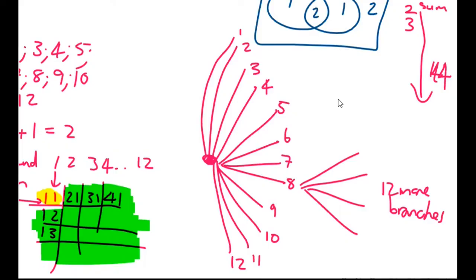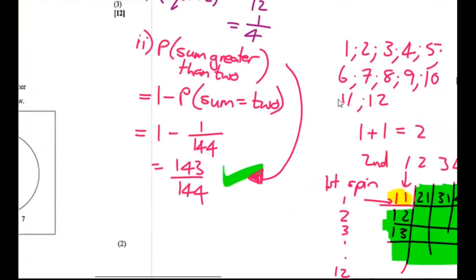If it has to be greater than 2, that is the opposite of being equal to 2, which means I just have to look at one scenario, one situation, which is why the 1 minus can make it easier, because by doing the 1 minus, and as I said, not compulsory, but by doing this, sum being equal to 2 is only going to happen once.